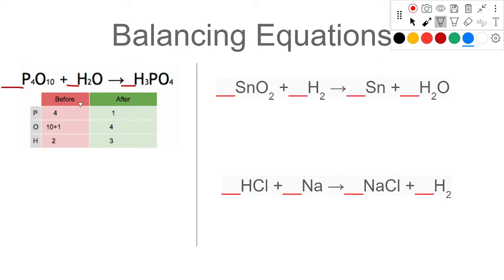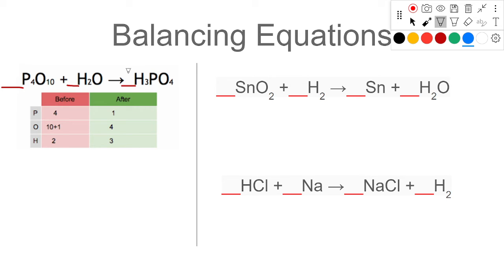Okay? So they've made a little table here. You can do this if you want. On the phosphorus, I had 4. So the P has got 4. Over here on the right-hand side, I got to have 4 P's, but I've only got 1.